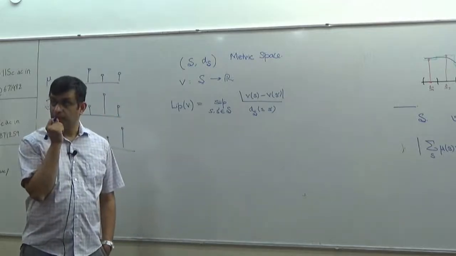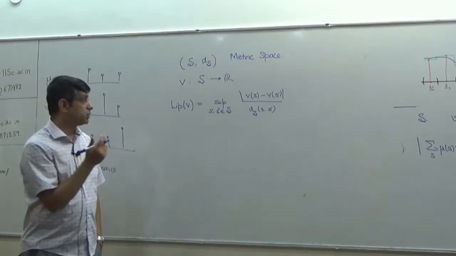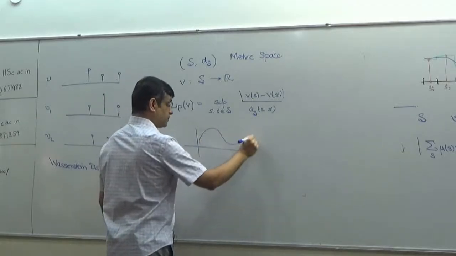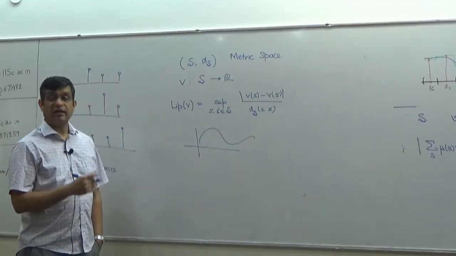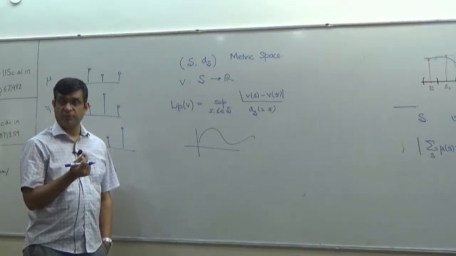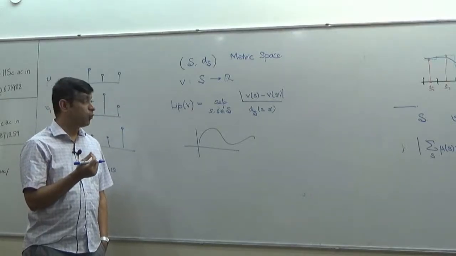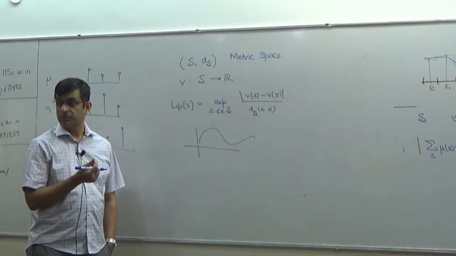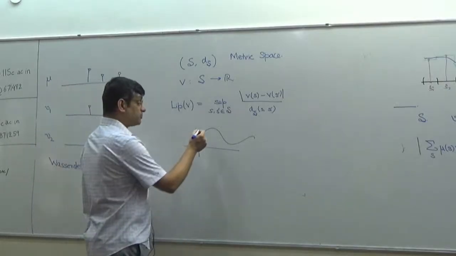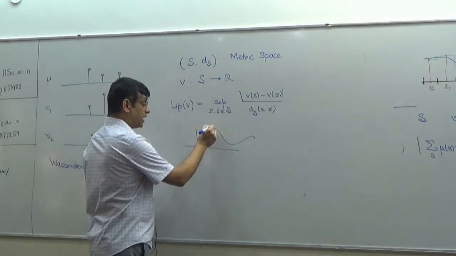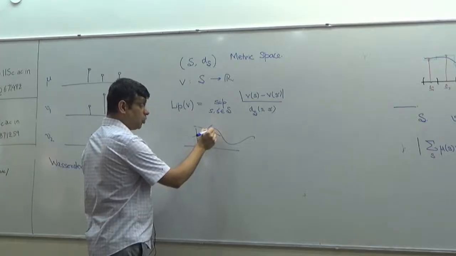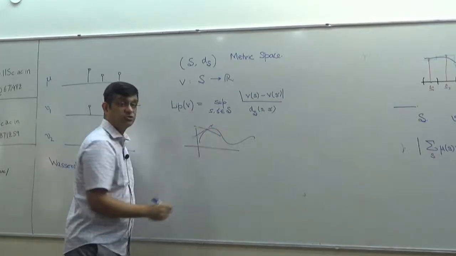Roughly, what the Lipschitz constant says is that if I take a function, I look at the derivative of the function at every point, and ask what is the maximum absolute value of the derivative. This means that at all points my function has a slope bounded by plus or minus the Lipschitz constant.